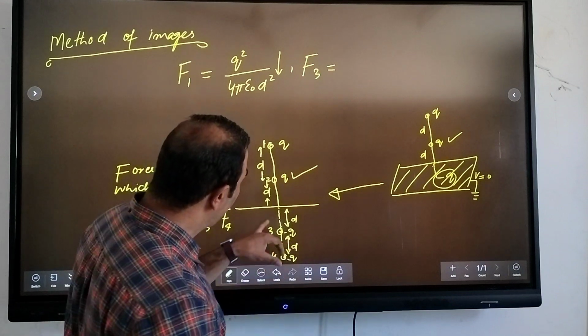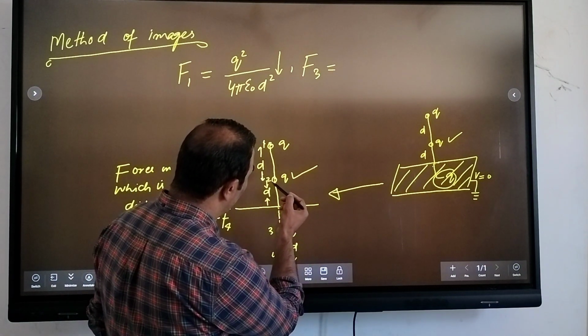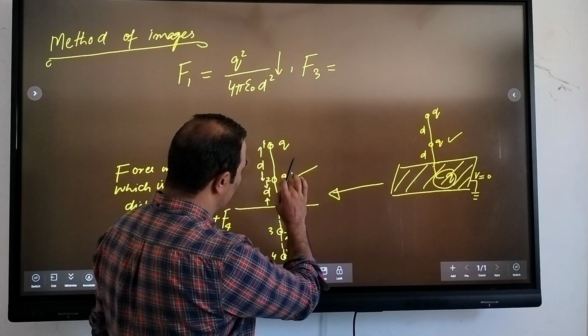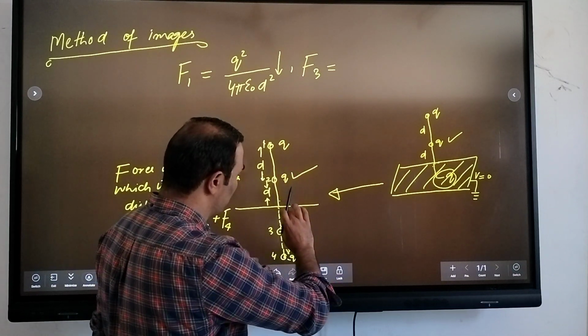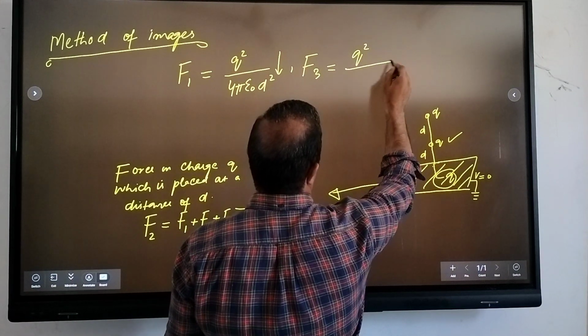Similarly, when we calculate the force between the charge placed at point 2 and this one, the total distance will be 2d here, because this is d and this is d, so the force will be equal to q square over 4 pi epsilon naught (2d) square.